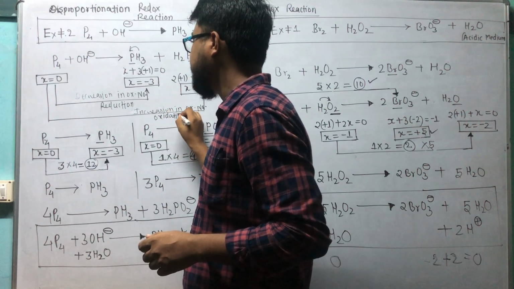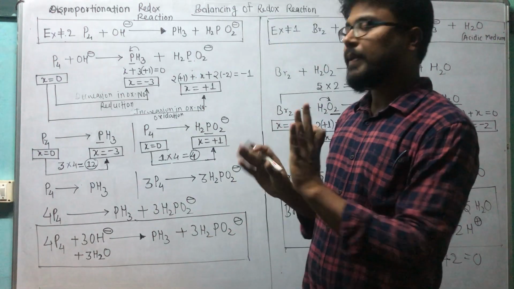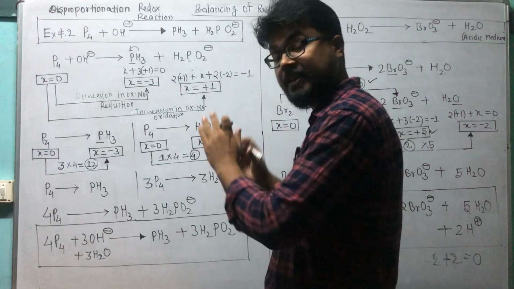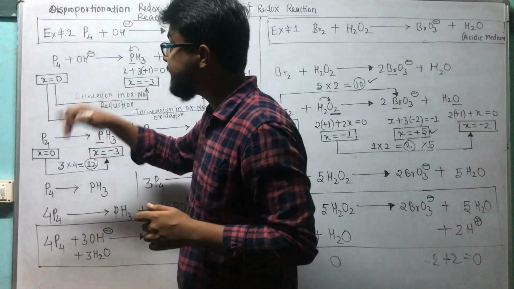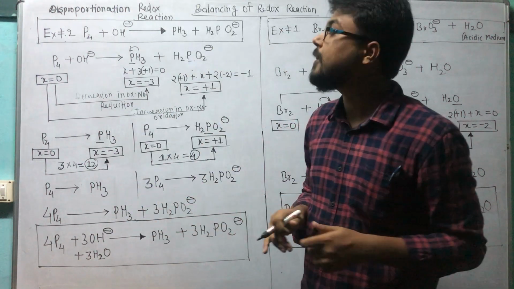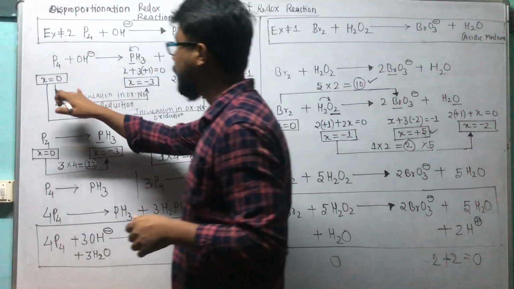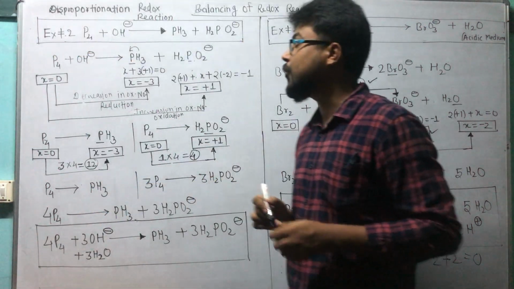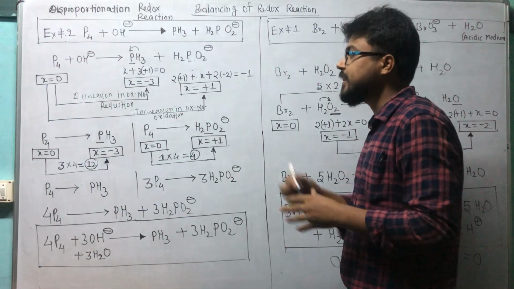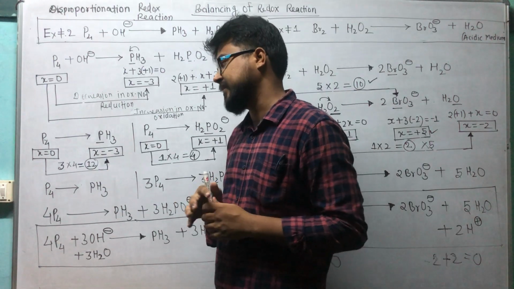Correct? It is clear. Now I will separate both terms. Okay, it is new to all of us, correct? And you are seeing this type of balancing for the first time in my class, or we can say overall on the YouTube channel also. No one is generally discussing disproportionation balancing.